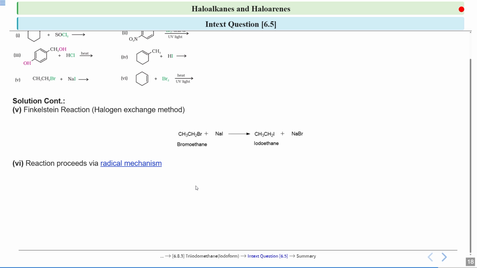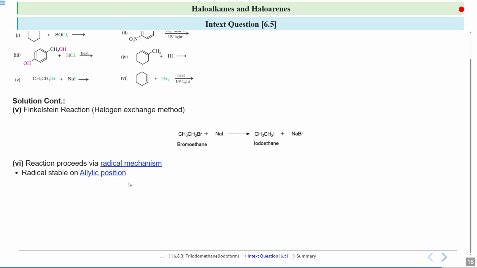Now, if we see the sixth reaction, which is the reaction of an alkene with a halogen, this reaction will proceed via a radical mechanism because it is happening in the presence of heat and UV light, right? So what will happen? The radical will be stable on the allylic position.